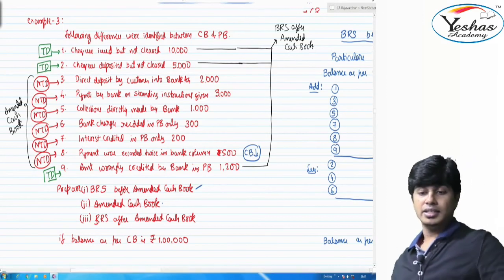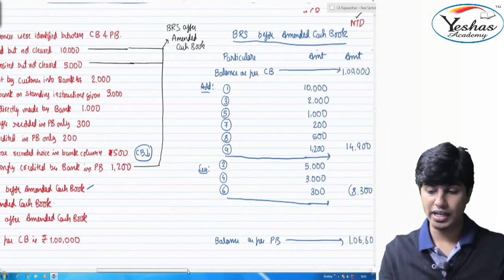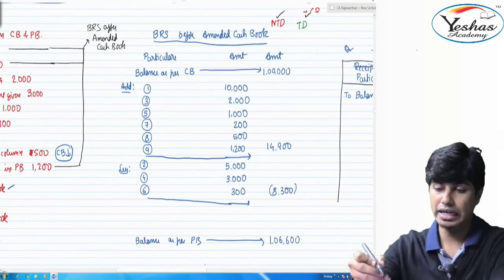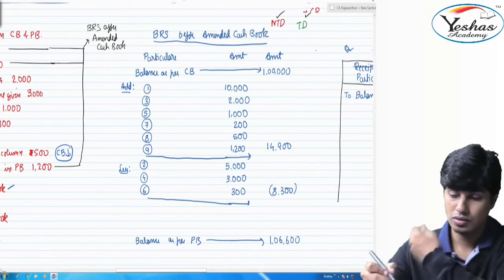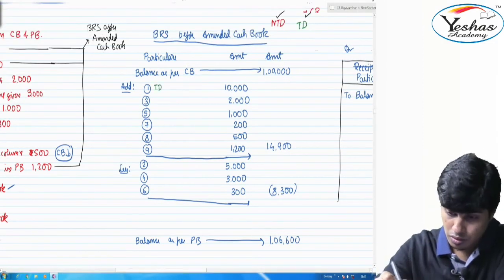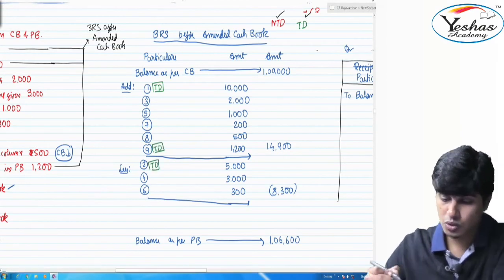You get that? Okay. So now come on, let us write it here. 1, 2 and 9 are timing differences.